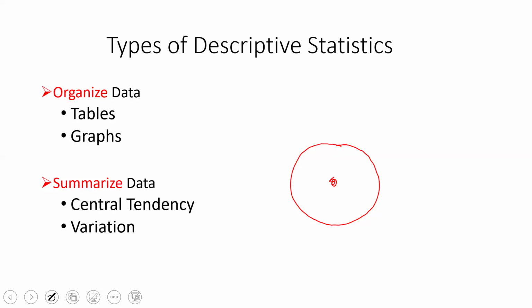When we say measures of central tendency, that means everything is tending towards the middle. You are trying to know the central or the typical kind of value from it. And on the other side, when you say measures of variation, you are trying to look at the spread from the center, how far it goes. So those are the two ways to summarize your data, while the first one is organizing data.